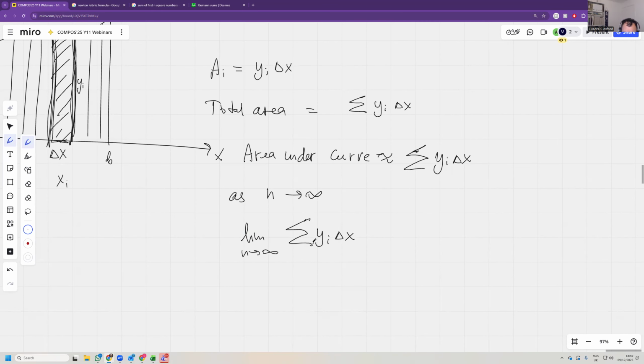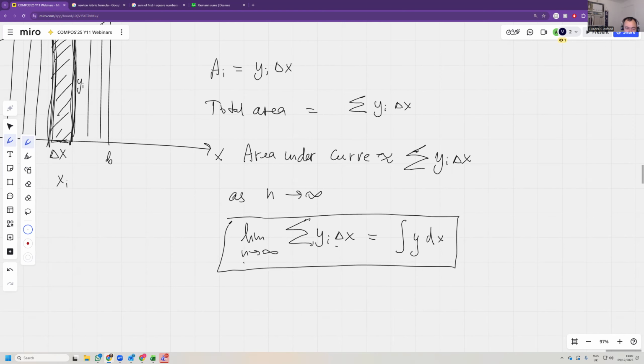Do you recognize it? As n tends to infinity, this sum symbol becomes an integral. Yi simply becomes y. And delta x, because the number of strips becomes infinite, becomes dx. So you can see how this transforms into that. This is absolutely fascinating and very useful.